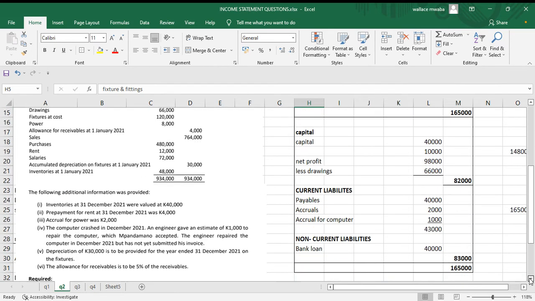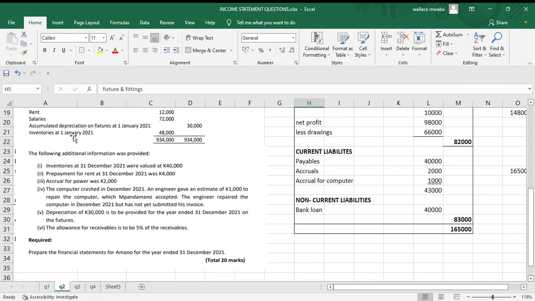Now remember that it said accumulated depreciation on the fixtures at the 1st of January was 30,000. And we also said that depreciation of 30,000 is to be provided for the year ended 31st December 2021. So this accumulated depreciation, we'll add it with the depreciation which is going to be charged at the end of the year.